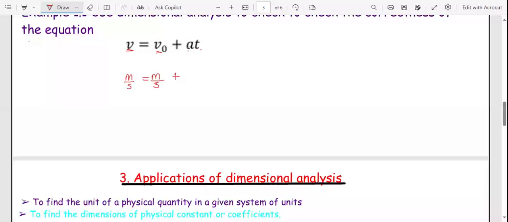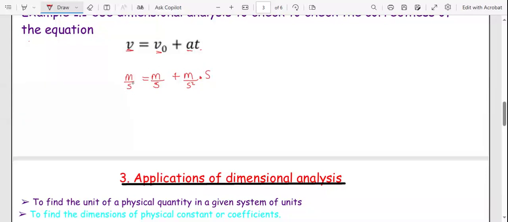Plus acceleration, which is meters per second squared, times time, whose SI unit is seconds. These are SI units. Now I'll put the dimensions.